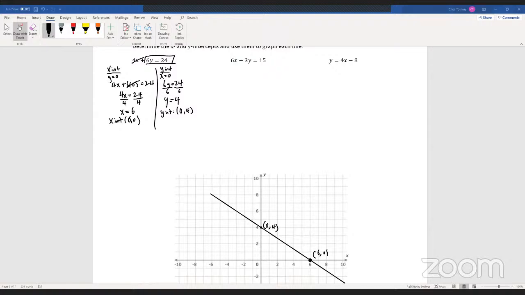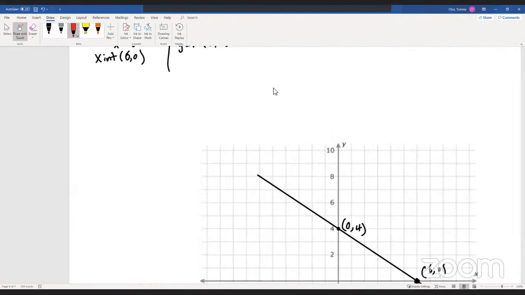I'll do the second question in red and the third question in orange. Okay, let's take this up. So the second question I'll be doing in red.